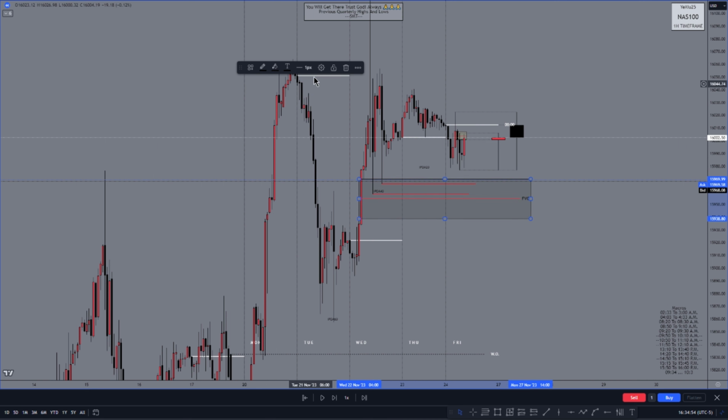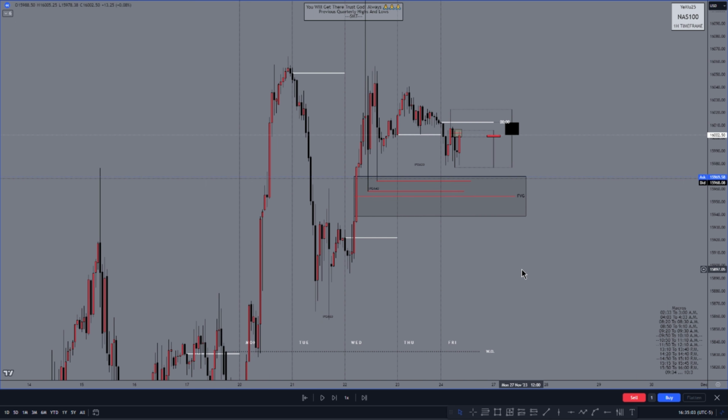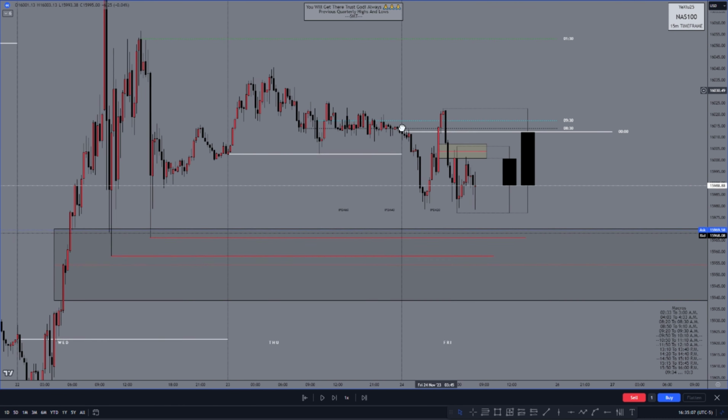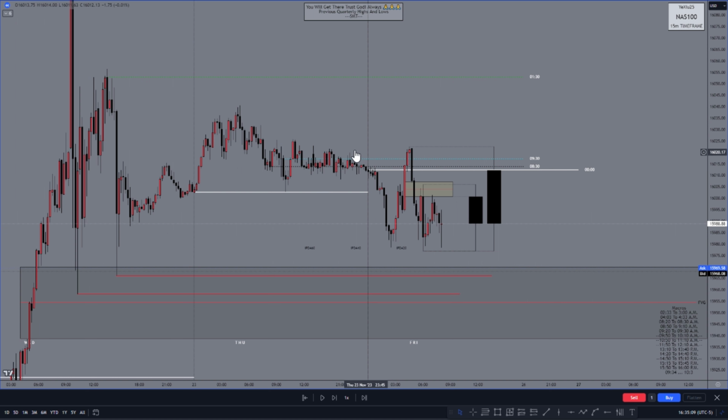As you can see here, now we have our liquidity and the 50% level, the consequent encroachment of the fair value gap. Okay, 1 hour chart, 15 minutes again, and you look at price action. Price going up takes buy side liquidity, reaches down for sell side, and comes back again.